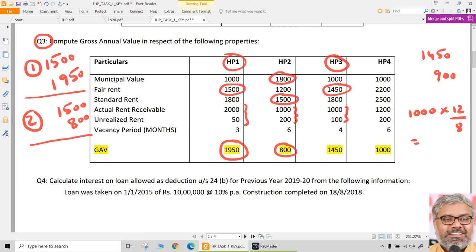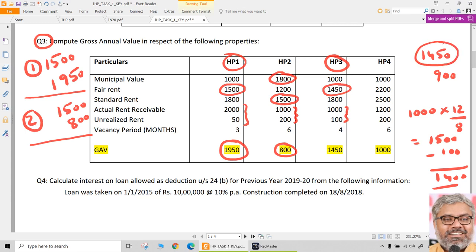It would have been 1500 rupees per annum if the property was not at all vacant. And of course the unrealized rent would have been there then also. That means the ARR would have been 1400, which would have been still lower than the expected rent, because expected rent is already 1450.